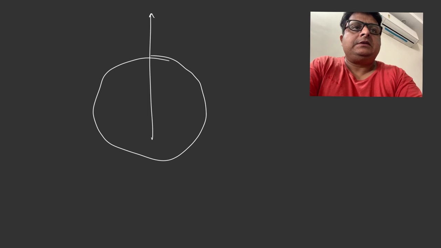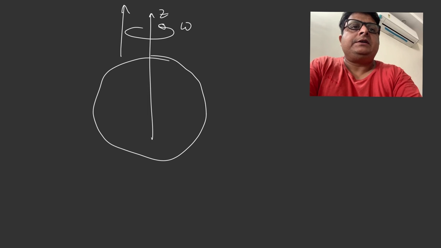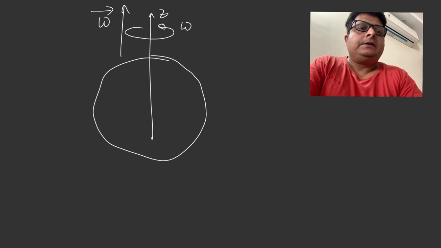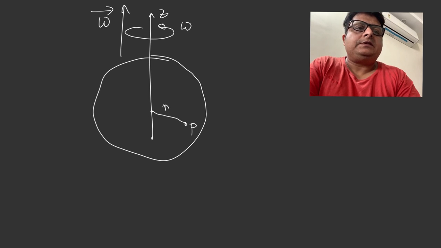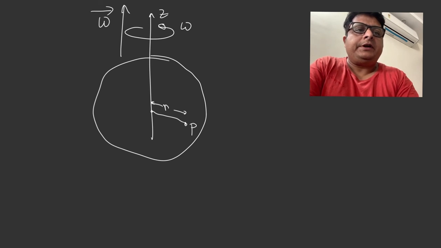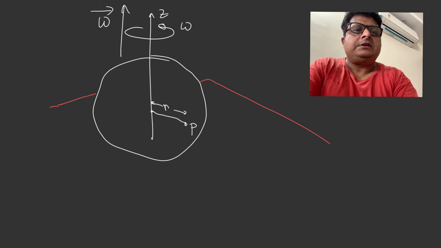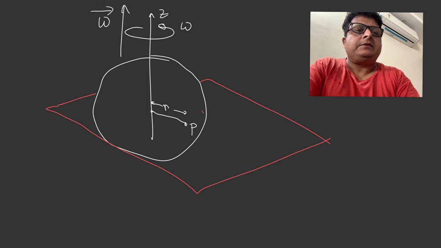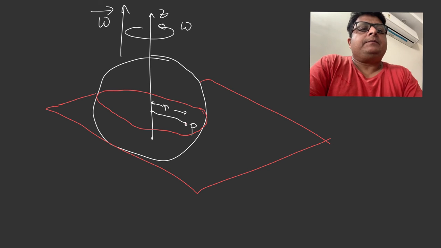As angular velocity is a vector quantity, say this is a rigid body rotating about the z axis with angular speed omega. Omega is represented by this vector. Let's take a point here, and consider the xy plane cutting this body here.